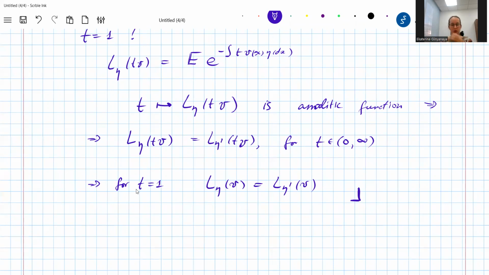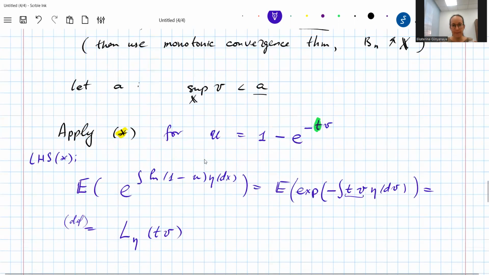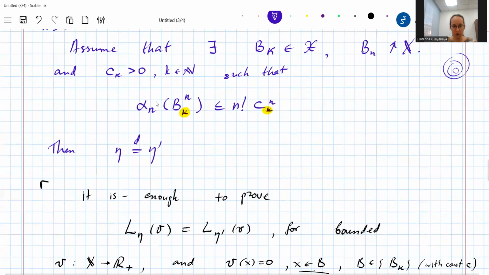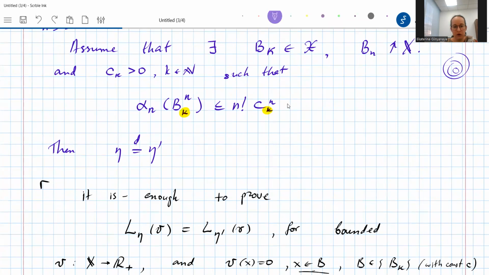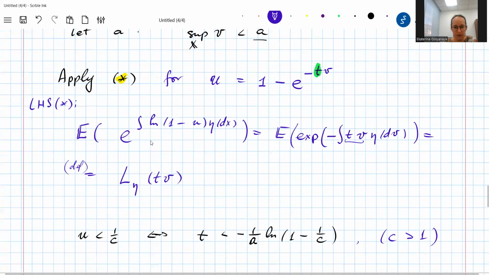So here what we did, we just found a condition on factorial moments measures, and we see that if they grow not so fast, then we have uniqueness of the distribution of two processes.